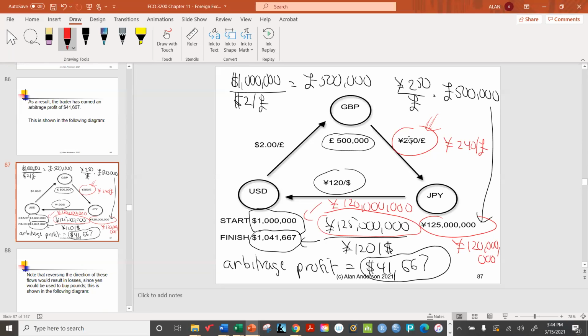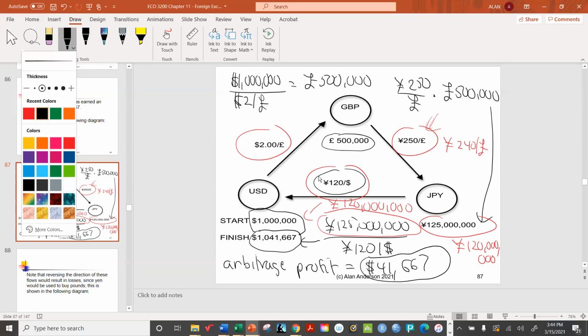Now, obviously, this is much more complicated than the gold example, but it's the exact same principle. You're buying something that's too cheap and you're selling something that's too expensive. It's harder to see that relationship with three items, but the bottom line is as long as this cross exchange rate is inconsistent with these two rates, you know that there's an opportunity there for you somewhere.